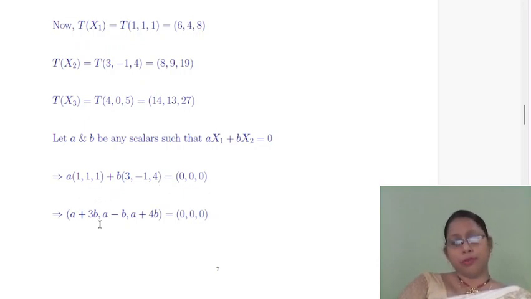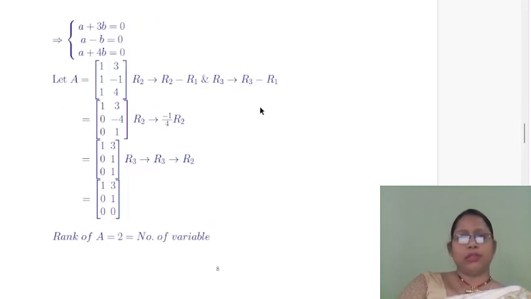Simplify, and we will get (a + 3b, a - b, a + 4b) = (0, 0, 0). Equating the left and right sides, we get these equations, and as the right-hand sides are 0, this represents a system of homogeneous equations.